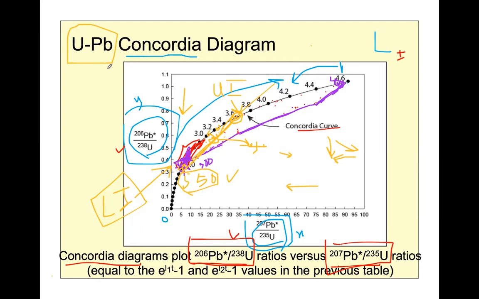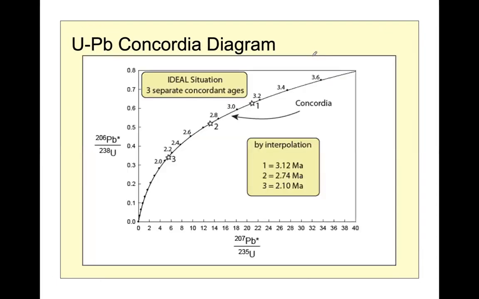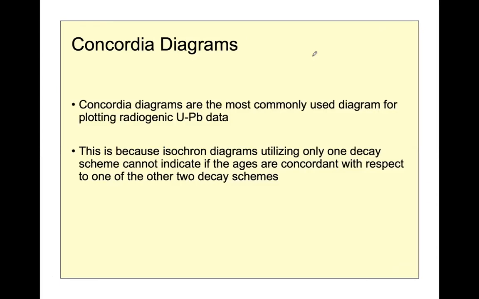Usually, people use accessory minerals for this purpose. Accessory minerals means minerals like zircon and monazite. So one advantage of these concordia diagrams against the isochron diagrams is, you remember the isochron diagrams we use for rubidium strontium or samarium neodymium?